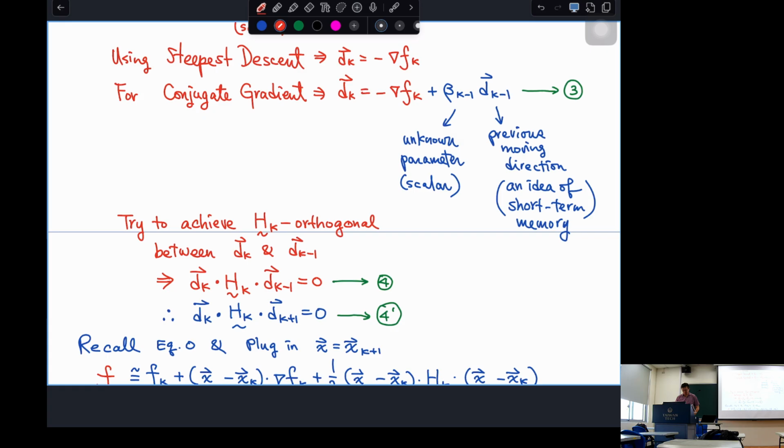And we have this newly introduced term with a scalar multiplier, beta k minus 1, which is something we didn't know, multiplying the previous moving direction, which we should know, because we moved from the past. We should know what the moving direction was, but we don't know this multiplier. So with all those derivations, we figure out, oh, beta k minus 1 can be evaluated.